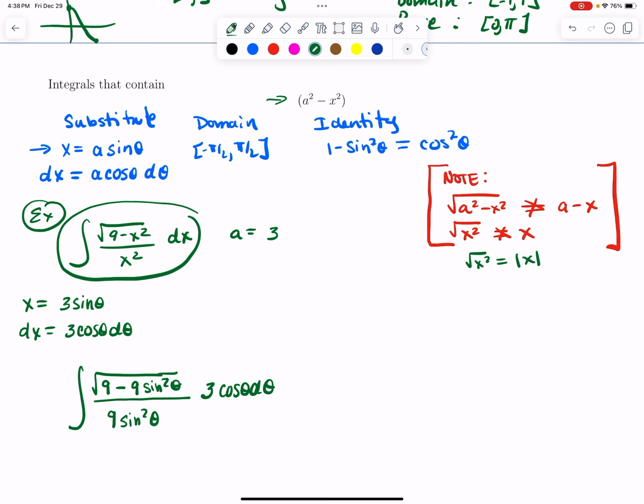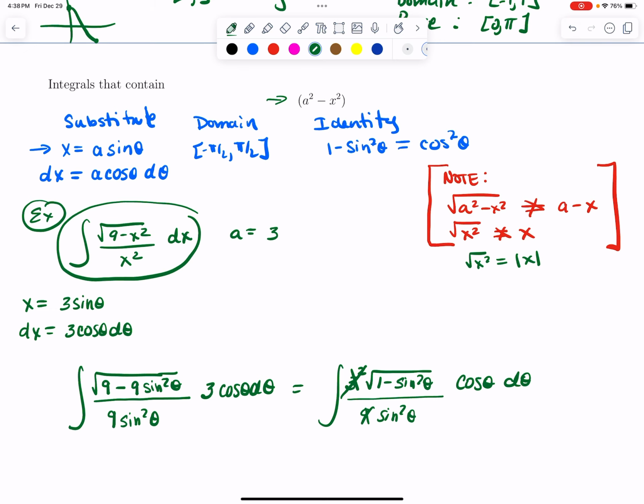If I factor out a 9 from this radical on the top, I end up with the square root of 9, which is 3, that can come out, and I'm left with 1 minus sine squared theta over 9 sine squared theta, and then times another 3, cosine theta d theta. Now I see my 9s cancel on top and bottom.